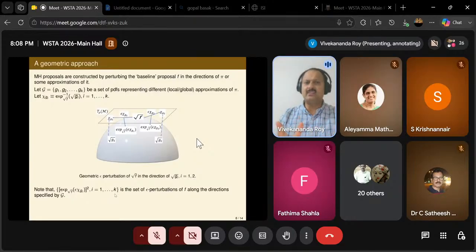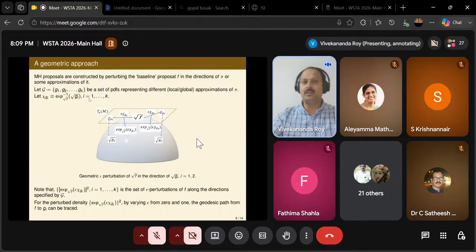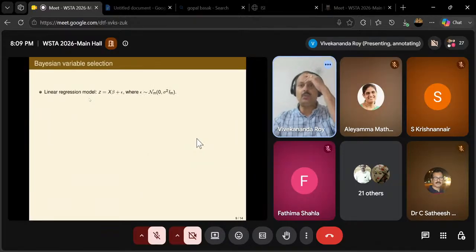Suppose we have some k different approximations of the target density pi. Then we move the base proposal density F, which can be a random walk proposal or a MALA proposal, towards the target or the approximations of the target, according to the remaining geometry of the space. So that's the idea.